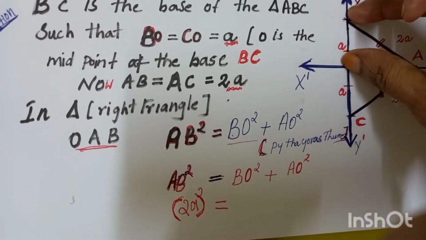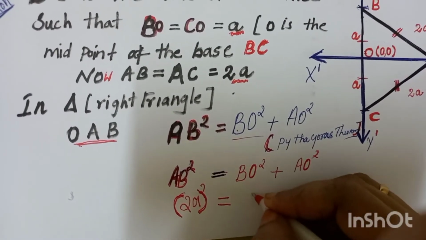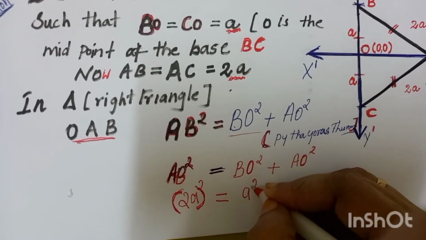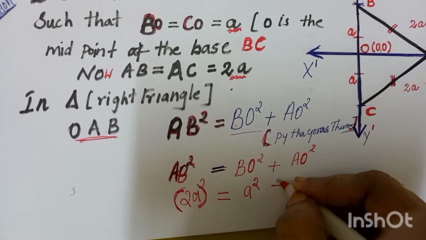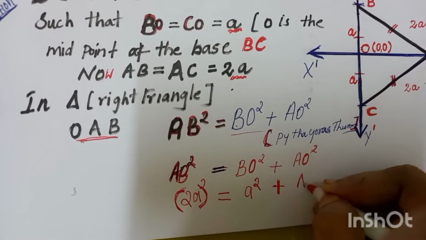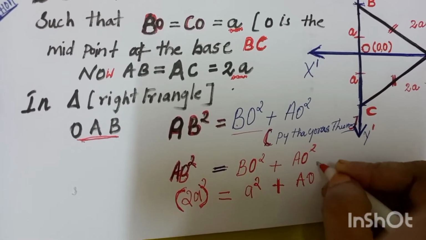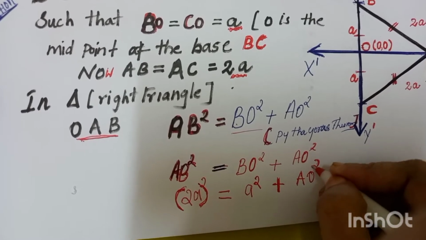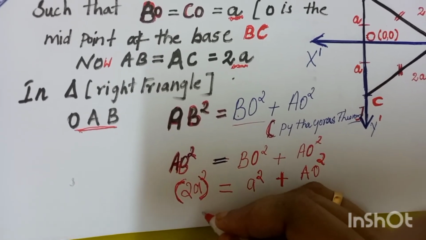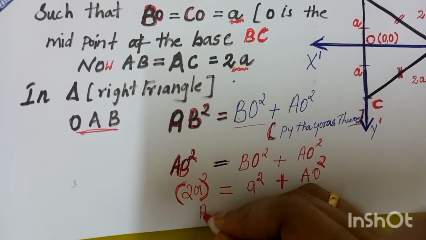BO is how much? a. So, we can write a square plus AO square. AO square we have to find.